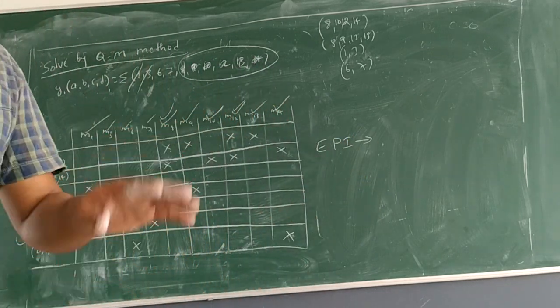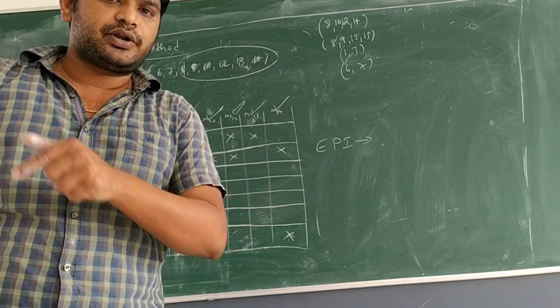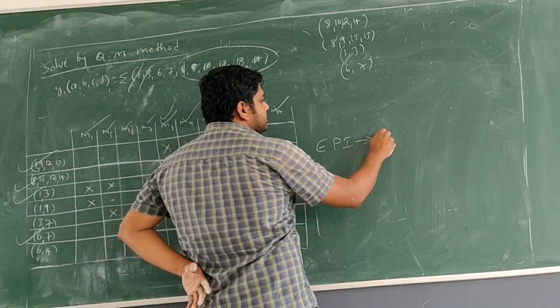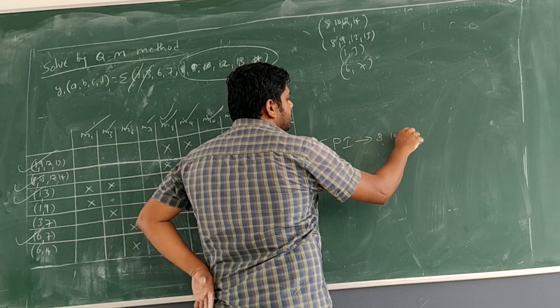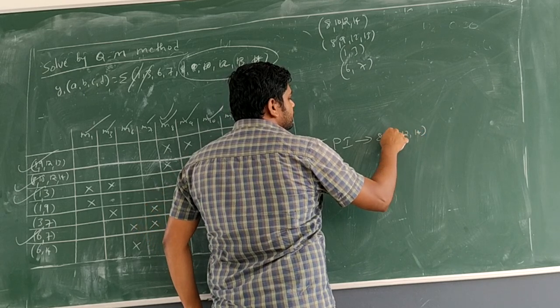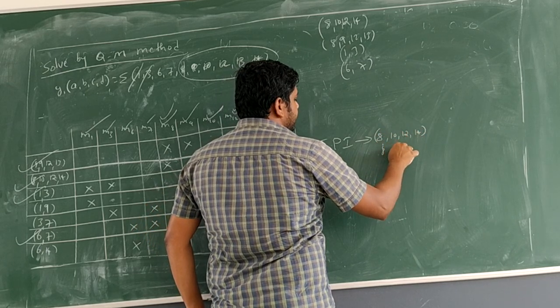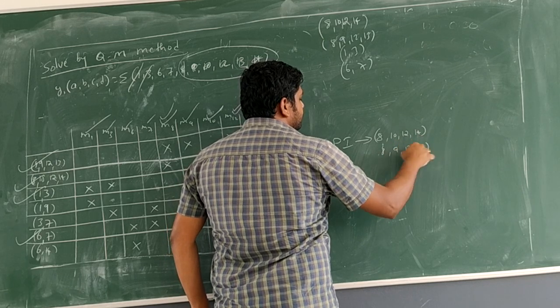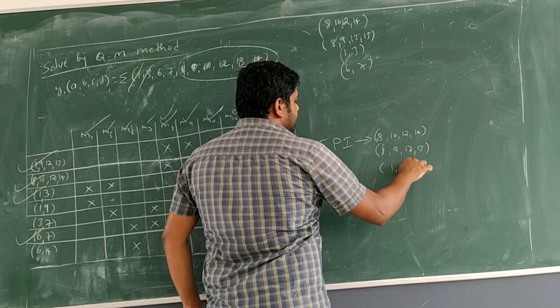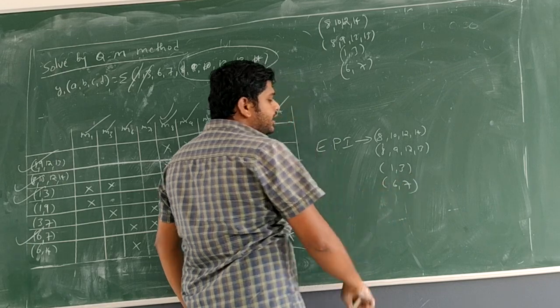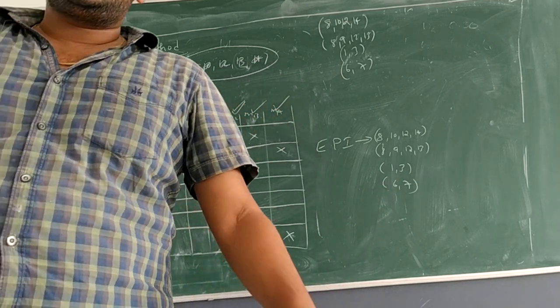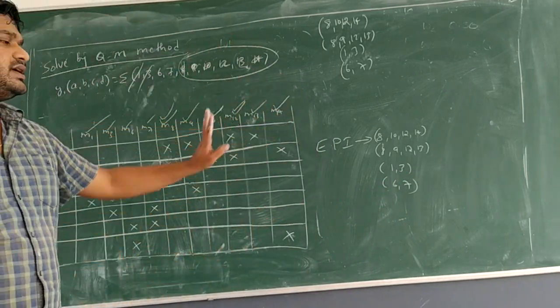That means the 4 bags you have to take are 8, 10, 12, 14, next 8, 9, 12, 13, next 1, 3 and 6, 7. These 4 are compulsory. That's why it is essential.